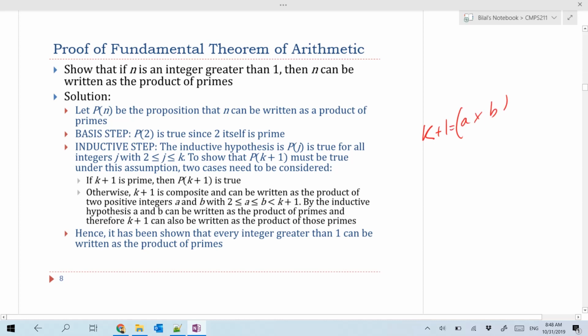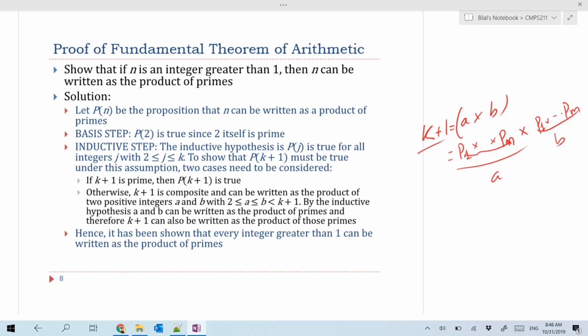And according to the induction hypothesis, a is a product of prime numbers, prime number 1 up to prime number n, and then multiplied by b, which is a product of prime number 1 up to prime number m, okay? So finally, k plus 1 can be written as a product of prime numbers, okay?